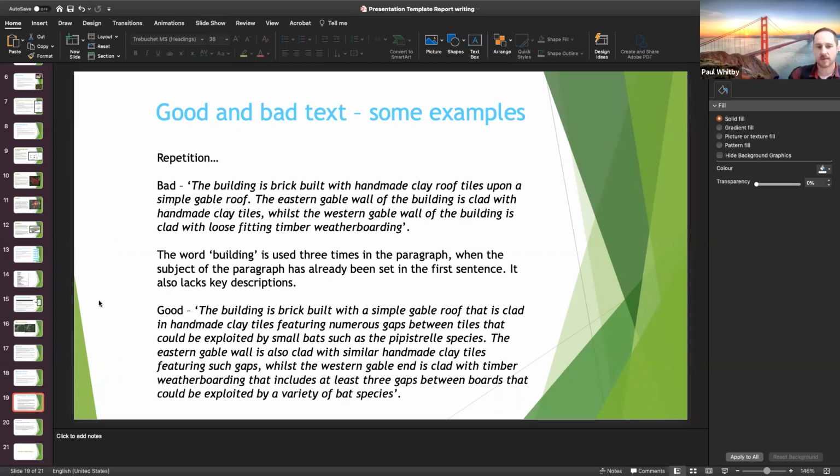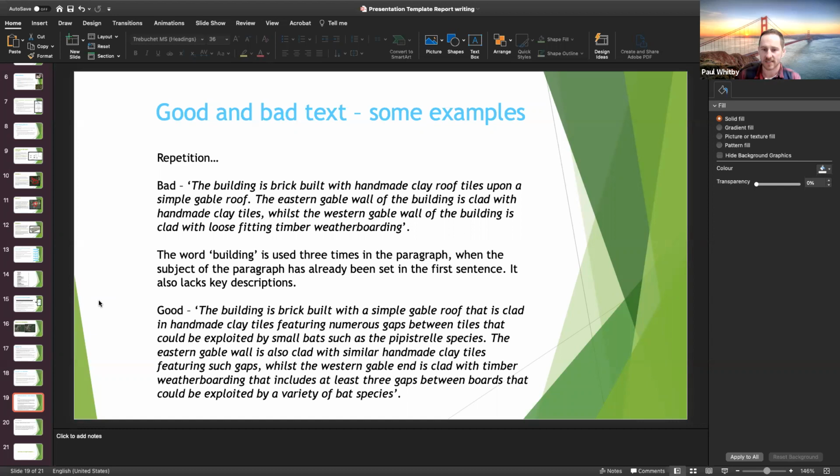So I've written in some good and bad text examples, just to illustrate a couple of the previous points covered to you. So consider this paragraph. The building is brick built with handmade clay roof tiles upon a simple gable roof. The eastern gable wall of the building is clad with handmade clay tiles, whilst the western gable wall of the building is clad with loose-fitting timber weatherboarding.